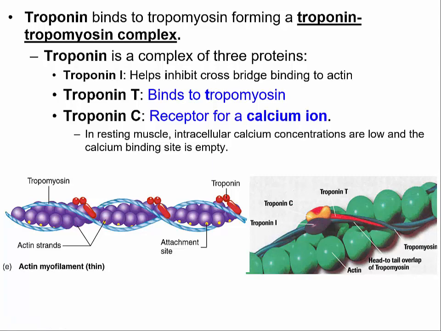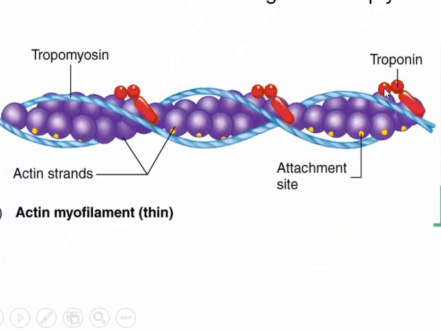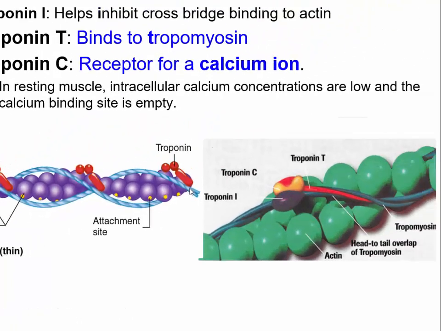We have troponin I, and basically that's this right here, also shown on this diagram here. Troponin I stands for inhibitory, and this is a portion of the troponin that will cover over an attachment site or active site for the myosin head. Now, it doesn't cover up as much as, say, the tropomyosin, but it does cover a little bit, and so this portion of the troponin molecule we just refer to as troponin I. Troponin T is this right here, and that's a part of the troponin that actually binds to tropomyosin.